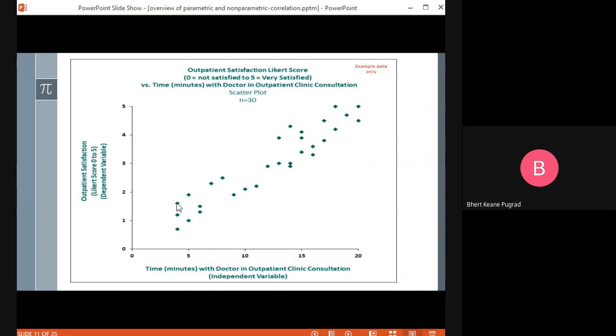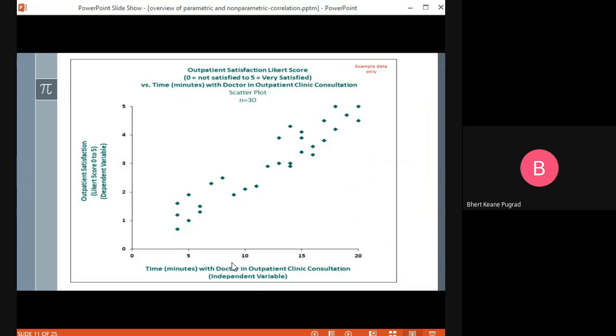Patient number 3, their time in the outpatient department is less than 5. Let's just assume this is 4, and their outpatient satisfaction score is less than 2. So, ang ginagawa natin dito, we are plotting the scores that would intersect the time in terms of minutes and their outpatient satisfaction rate. Okay?